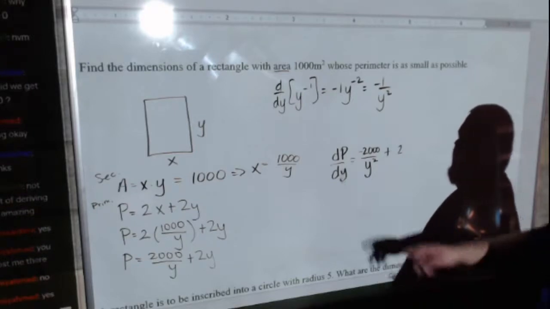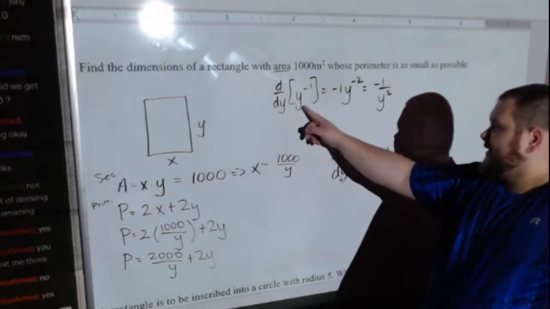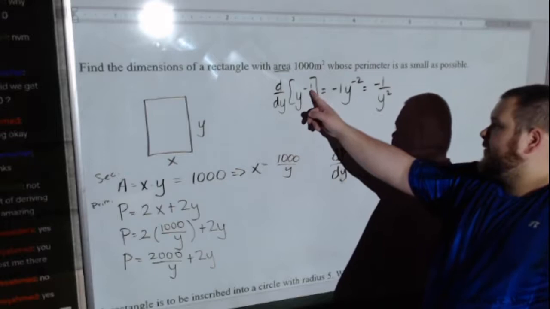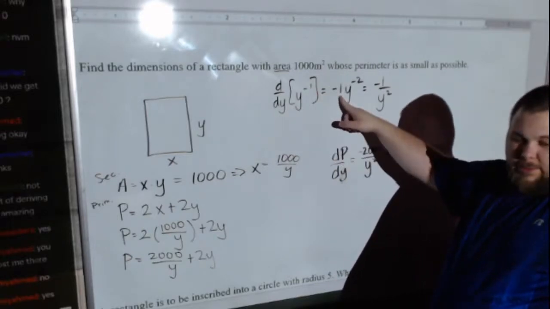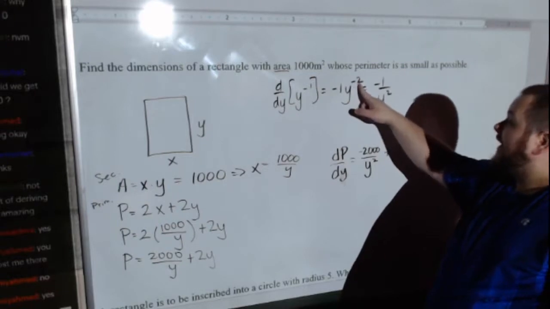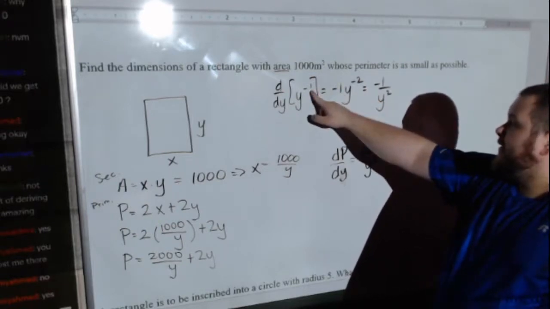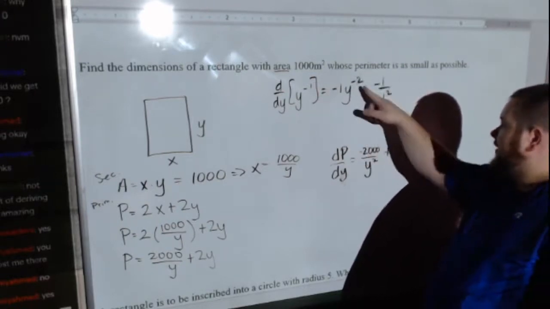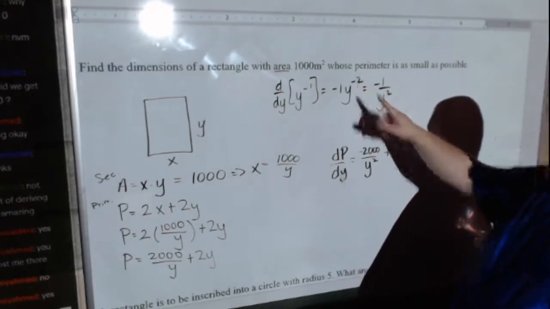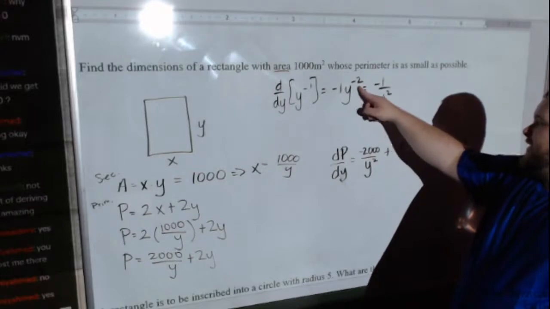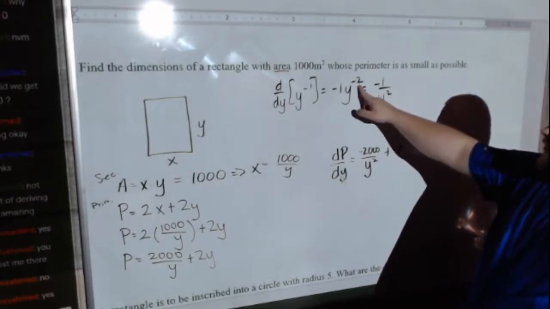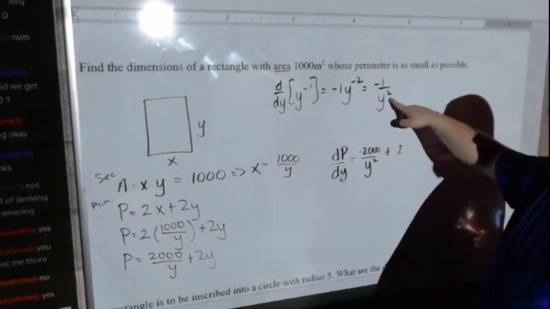Okay. So then when I differentiate this, you bring that power down in front, right? Minus 1, and then subtract 1 from the power that it had. So -1 minus another 1 is -2. And then the -2 says, you know what, I'd prefer to be in the denominator and positive.